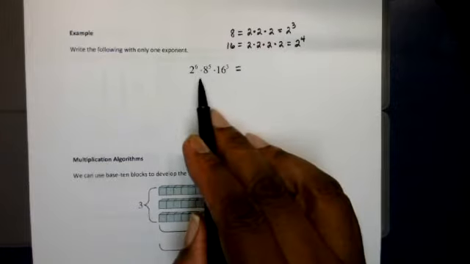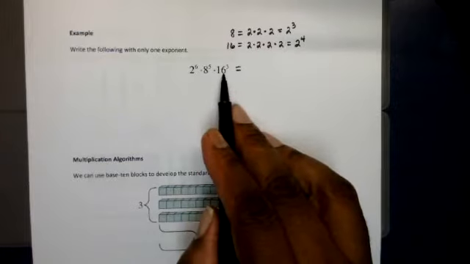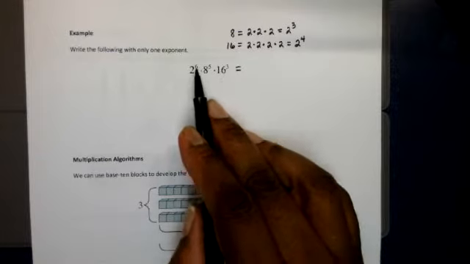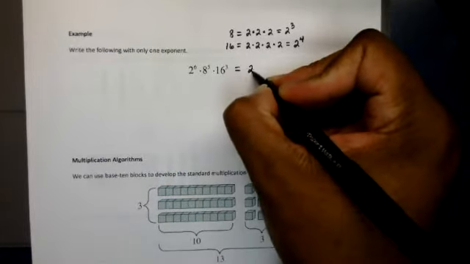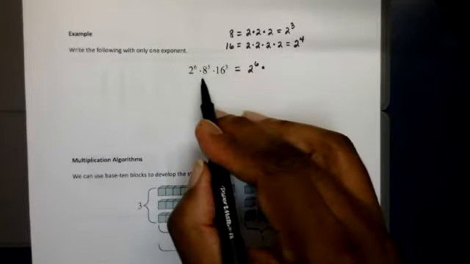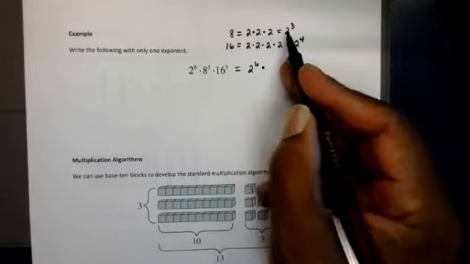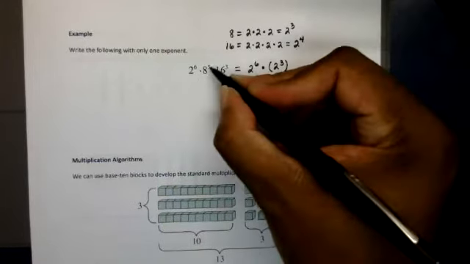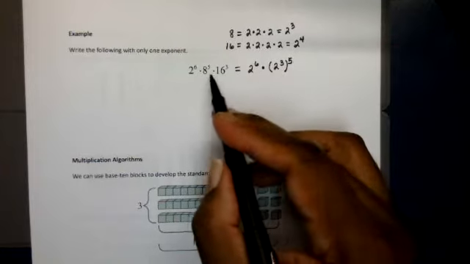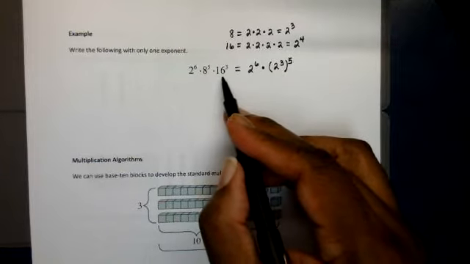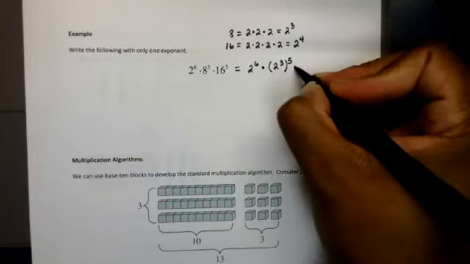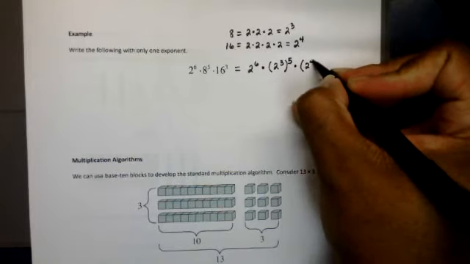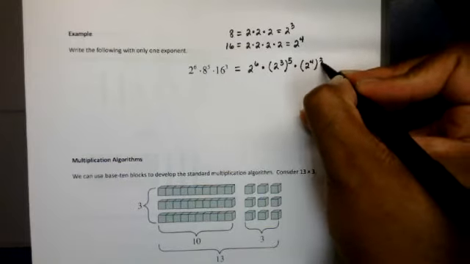Because I know 8 is a multiple of 2 and 16 is also a multiple of 2. And I've already got 2 to the 6th. So here I'm going to have 2 to the 6th times, and I'm going to replace that 8 with 2 to the 3rd, and that's going to be raised to the 5th. 16 is 2 to the 4th, so that's going to be 2 to the 4th, and that's raised to the 3rd power.